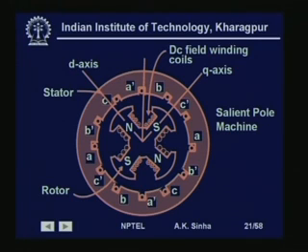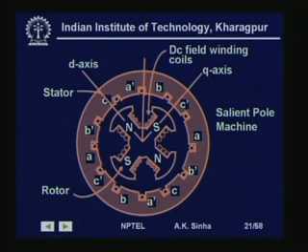Now, generally these machines are low speed machines. For hydel generation, the speed of the hydro turbine is very much dependent on the head, in fact the optimum speed is based on the height of the water above the turbine, that is the head, and therefore these machines run at much lower speed.